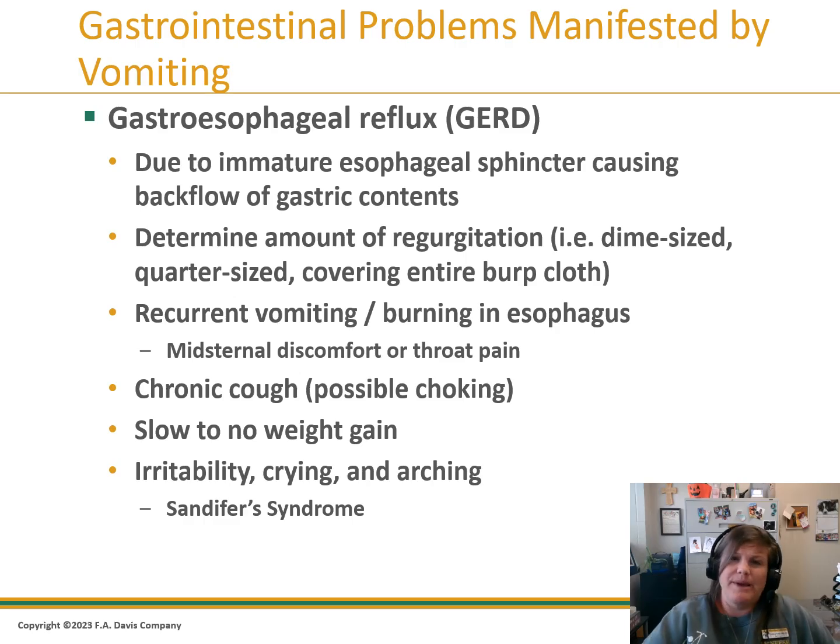But what we would expect is that as those structures mature, this would be something that they would outgrow, and when they don't, it's given the diagnosis of disease, or the label of this condition. So as said, it's due to immature esophageal sphincter causing the gastric contents to backflow.